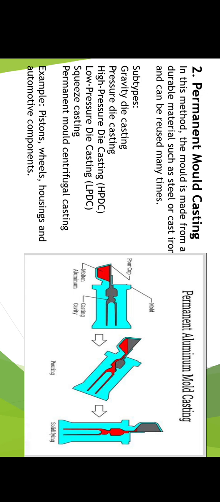The subtypes are gravity die casting, pressure die casting, which includes high pressure and low pressure, which we will see in the following slides, squeeze casting, and permanent mold centrifugal casting. With these castings, pistons, wheels, housings, and automotive components are produced.